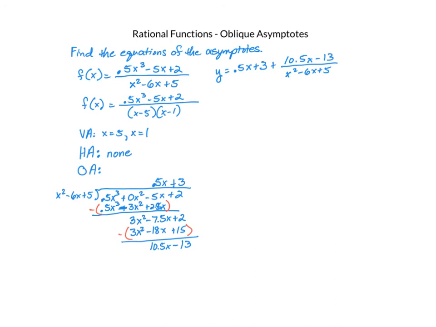Again, this fraction right here becomes insignificant if your x values become big enough or small enough. And your oblique asymptote has the equation y equals 0.5x plus 3.